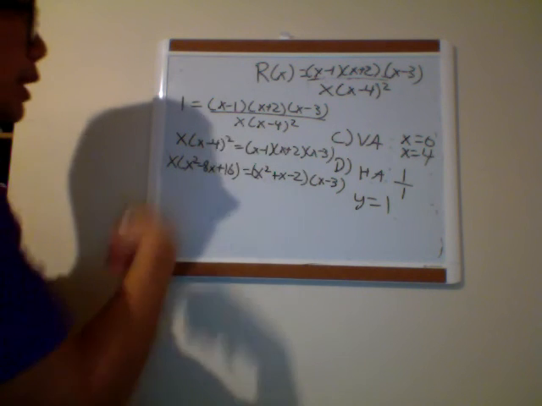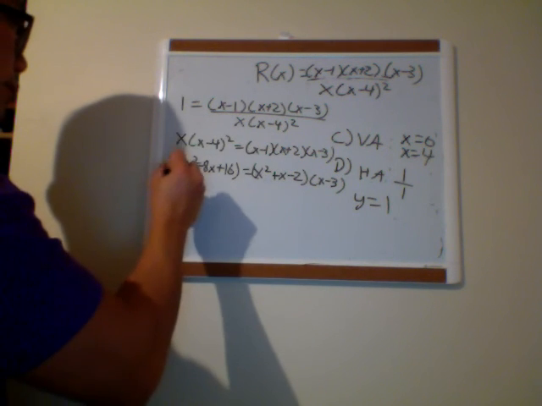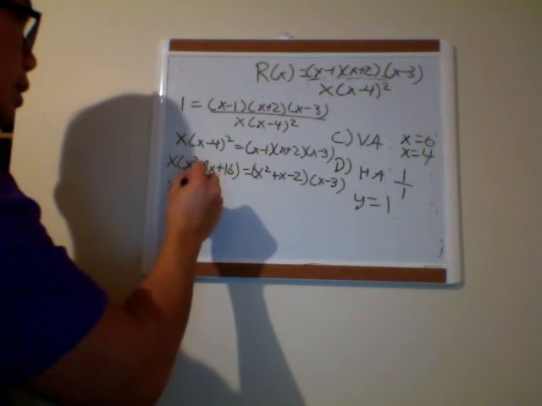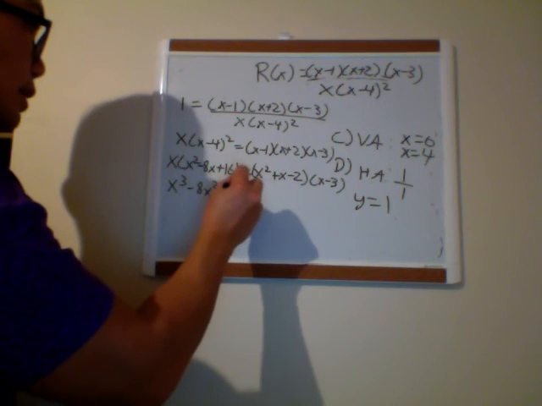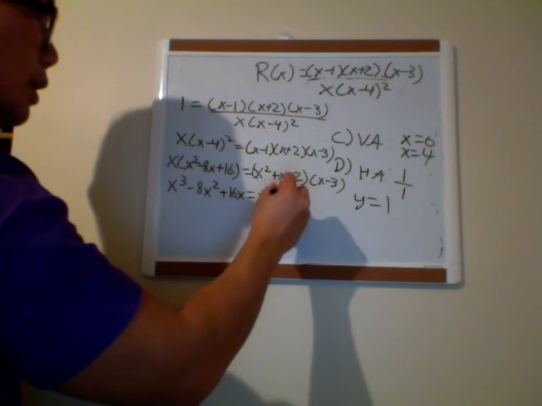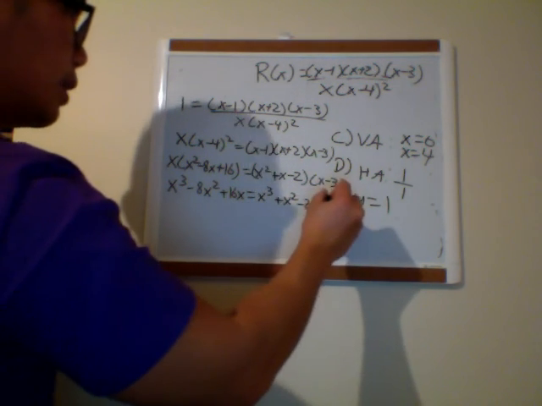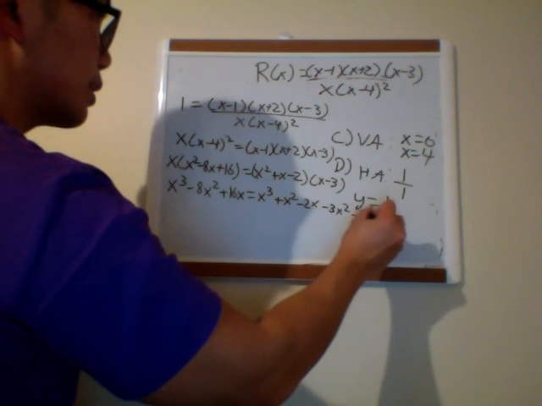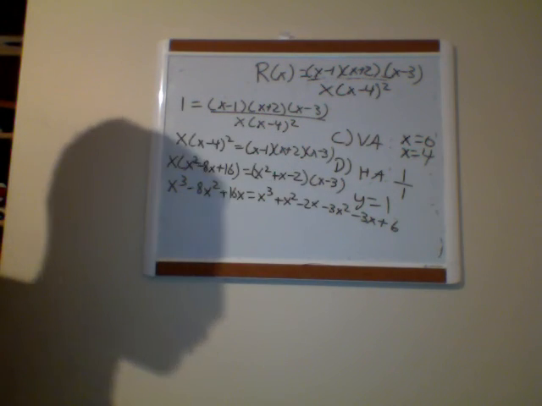I just multiply that out. Now let's multiply this even further. This is x to the third minus 8x squared plus 16x is equal to x to the third plus x squared minus 2x minus 3x squared minus 3x plus 6. So it's quite a big equation we have here.